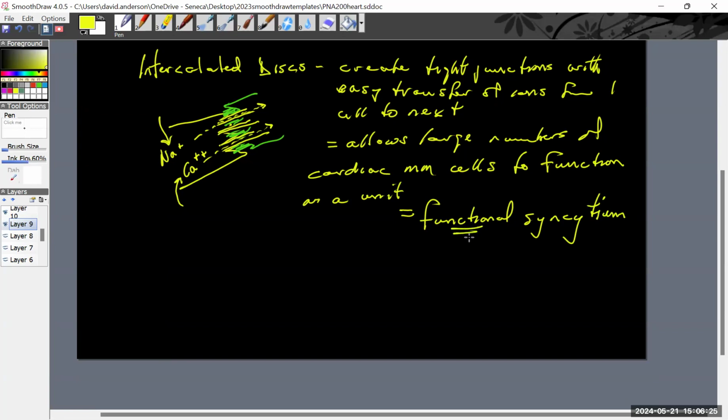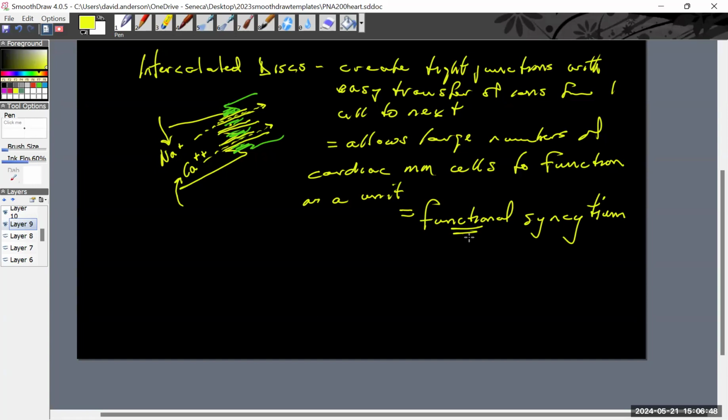So remember, anatomy and physiology was about structure and function. Here's an example where we're using the word function and this other word, syncytium, that maybe some of us have never heard of before. A syncytium describes a group of cells, in this case, functioning as a unit.